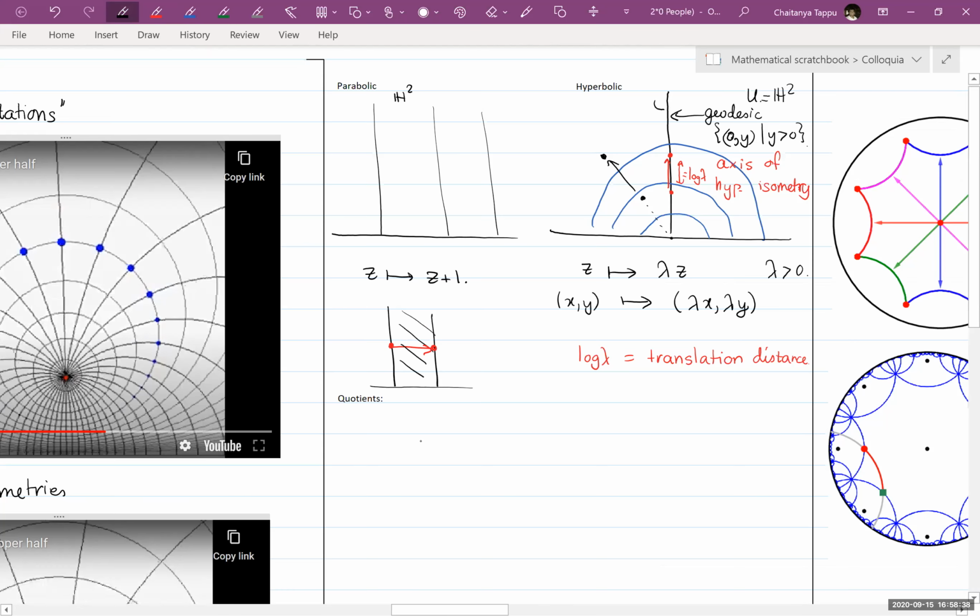So the quotient here looks like this. It has a cusp at one end, and it flares at the other end.